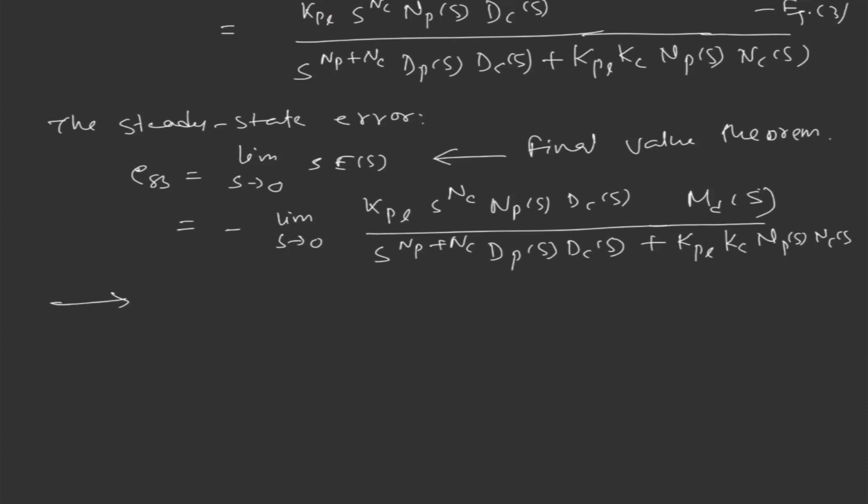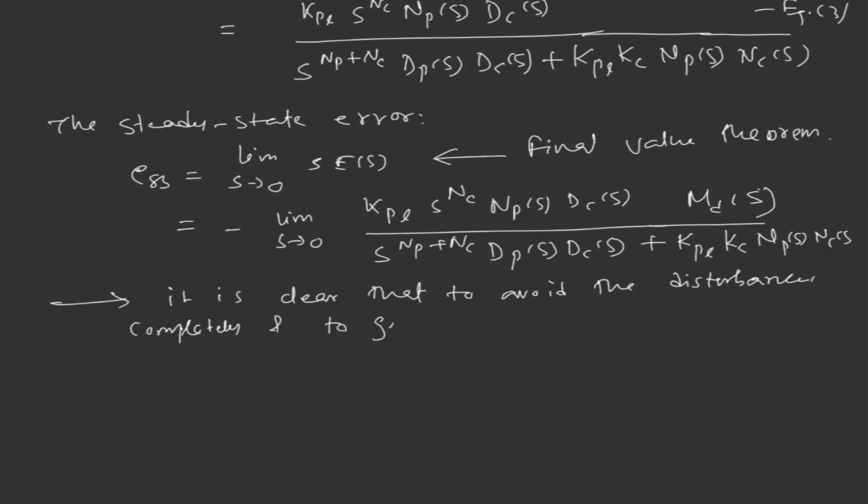So from this expression, it is clear that to avoid the disturbance completely and to get e_ss to 0, we must have N_C greater than or equal to 1.